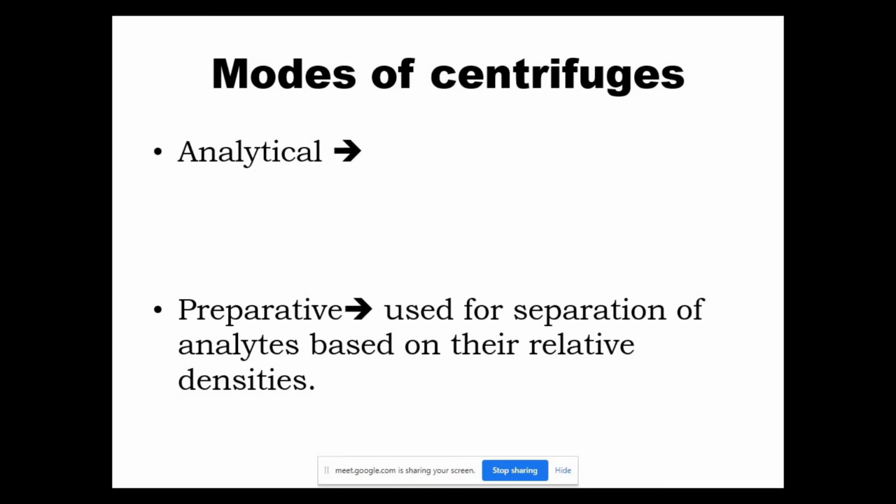So here, the separation is based on the density of the particles. Some particles have very large size, but the density is less. And some particles are smaller in size, but density is more. So based on the density, the particles are separated. For example, you want to separate the plasma.